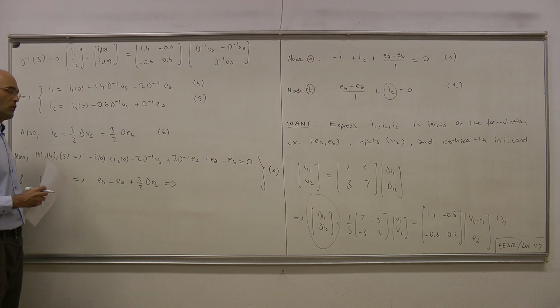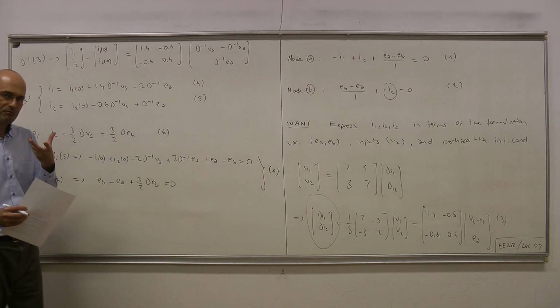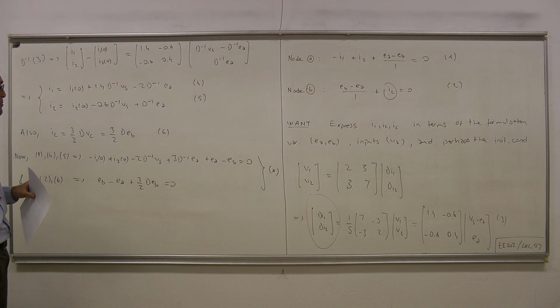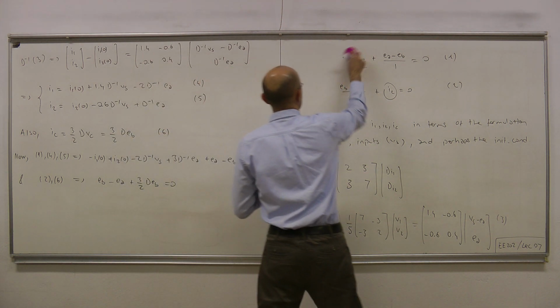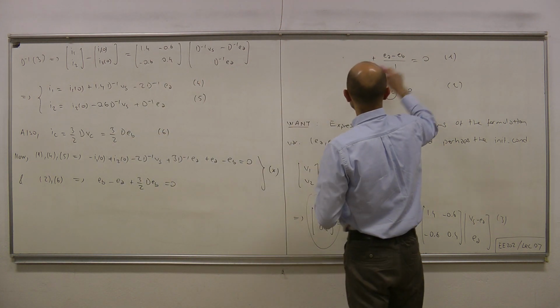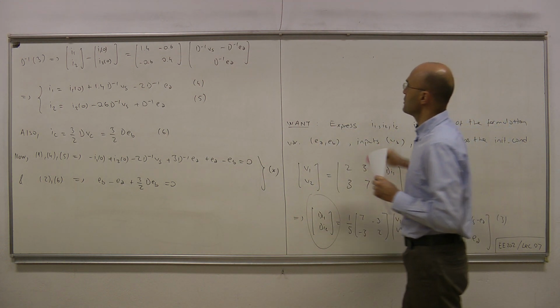And this is our set of unknown equations. Okay, usually we don't leave them in this form. For compactness, we put them in matrix form. Let's do that also here. And later on, that matrix form will be useful in determining the natural frequencies of the circuit.